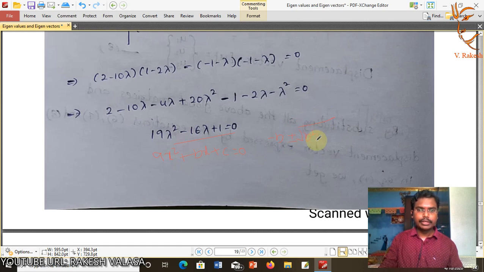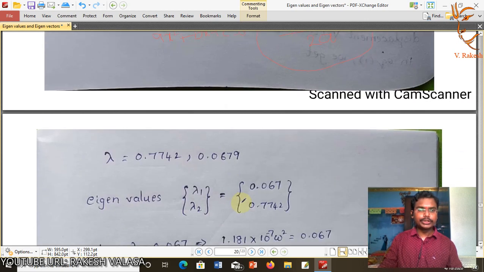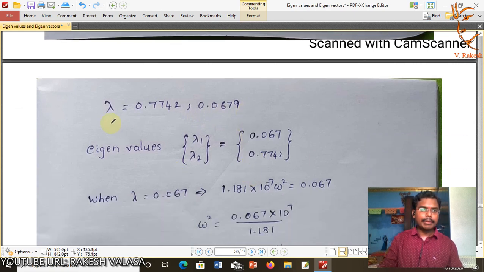Here a equals 19, b equals minus 16, c equals 1. Now substituting these a, b, c terms in this formula, we get two roots, that is lambda equal to 0.7742 and the second one is 0.069. These lambda values are called eigenvalues lambda 1 and lambda 2.